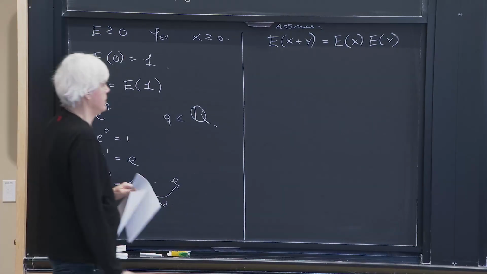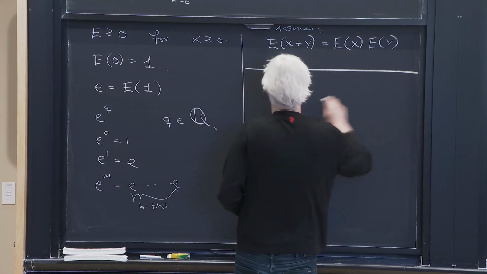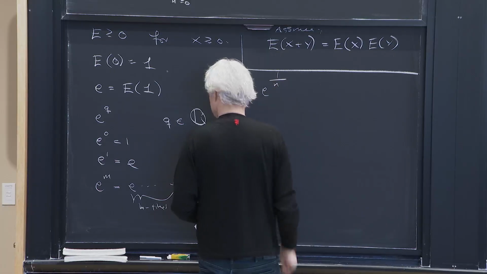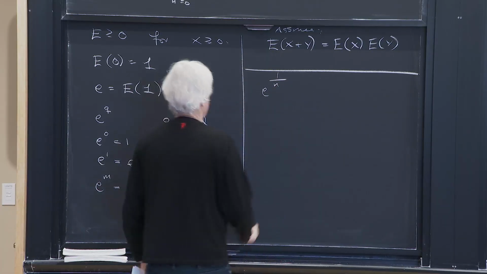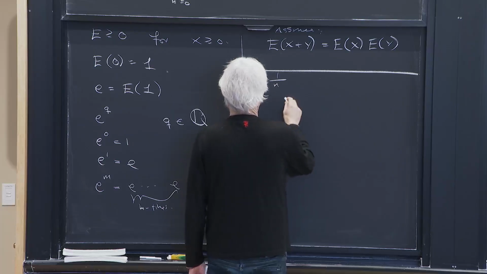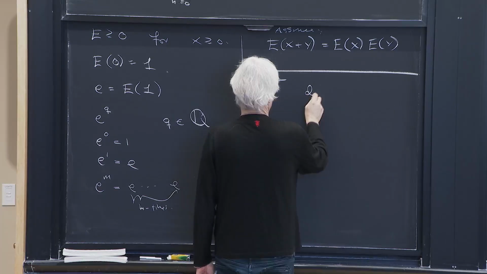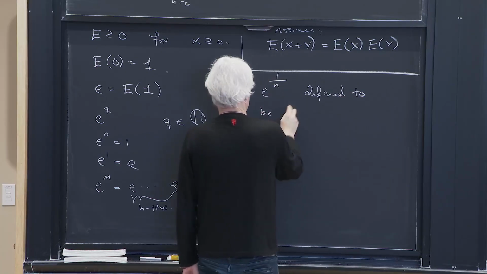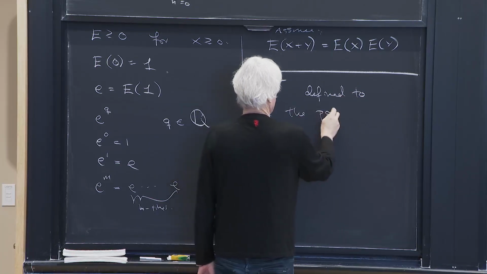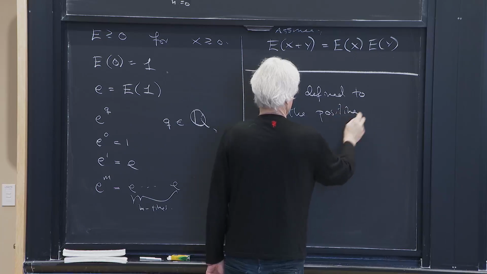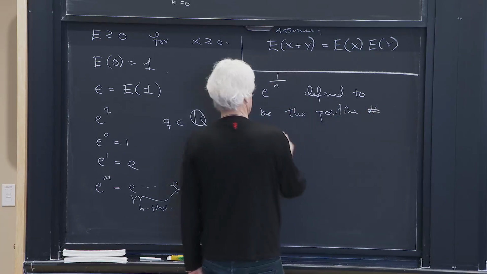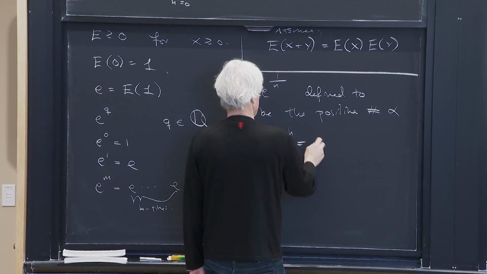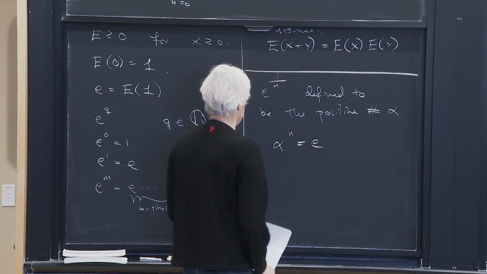And then we defined e to a power 1 over n to be the positive number alpha, so that alpha raised to the power n is equal to e. Right?